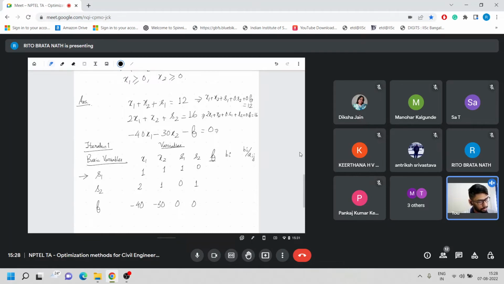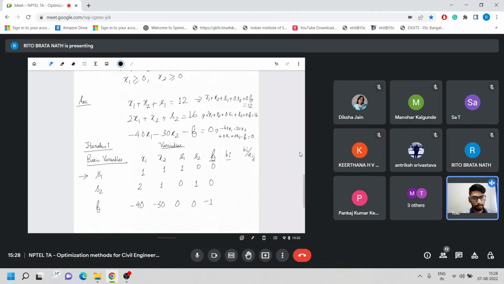And for this one, minus 40x1 minus 30x2 plus 0 s1 plus 0 s2 minus f equals 0. So now you have seen that every equation contains f, can you tell me which will be the column values corresponding to f? Yes, that's correct. Whenever you have doubt, just write it down in this form.